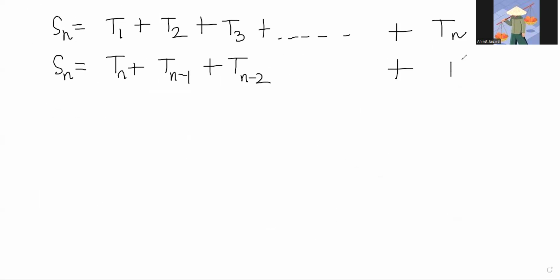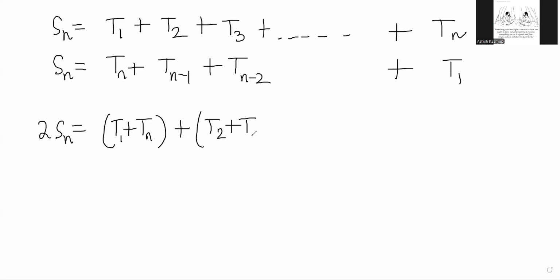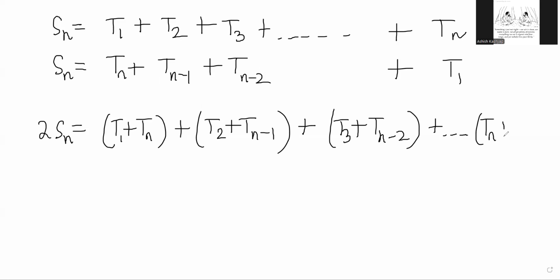Yes, sir. Then you will notice that when you add it, each of these will become same. The vertical addition of T1 and Tn and T2 and Tn minus 1 and T3 and Tn minus 2, you can check, will always be the same.